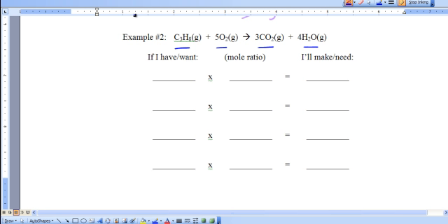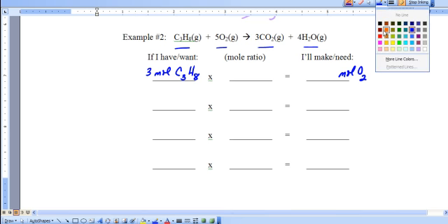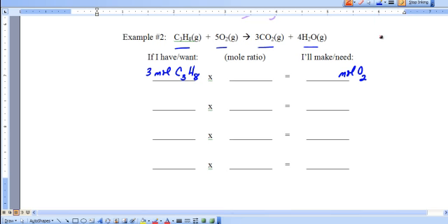Okay? So let's say in this first example that we have 3 moles of propane, C3H8. How many moles of O2 would you need to react with that? All right. In the next one, I want you to try this.